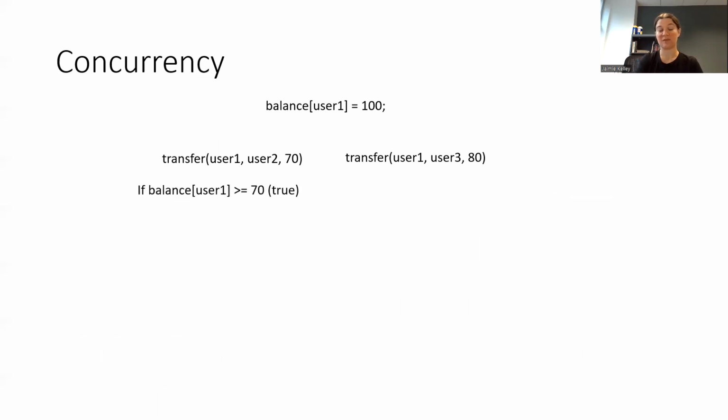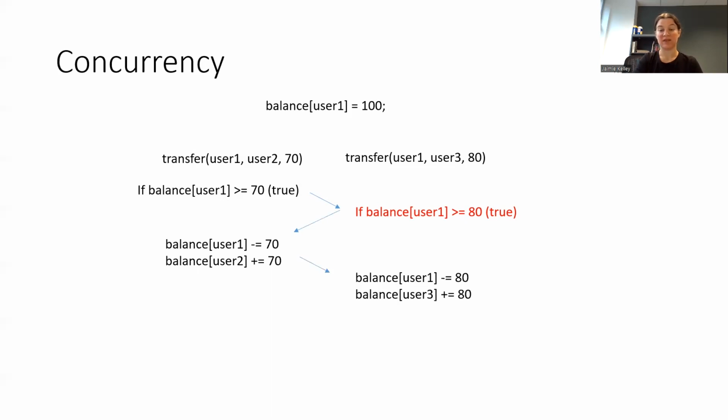So if we check that the balance is greater than or equal to 70 for the first transaction, and then immediately switch over to the if statement for checking if the balance is greater than or equal to 80, the interleaving programs will allow the balance to be subtracted by 70 first and then subtracted by 80, resulting in an end balance for user one of negative $50, which should not have happened.